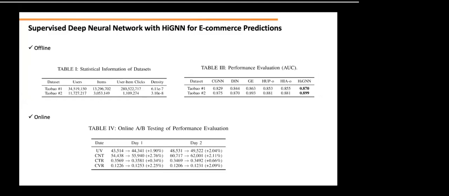Both CNT and CVR, 2 important metrics reflecting the sales volume, are improved by more than 2% on 2 A/B test days. Moreover, HiGNN also increases UV and CTR, which indicates our proposed method can achieve user preference and item attractiveness more precisely and attract more visitors to click their interested items.